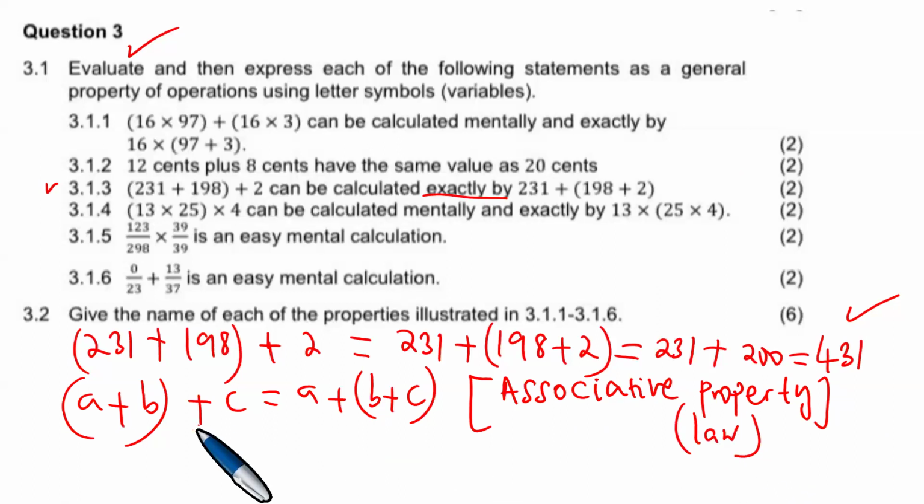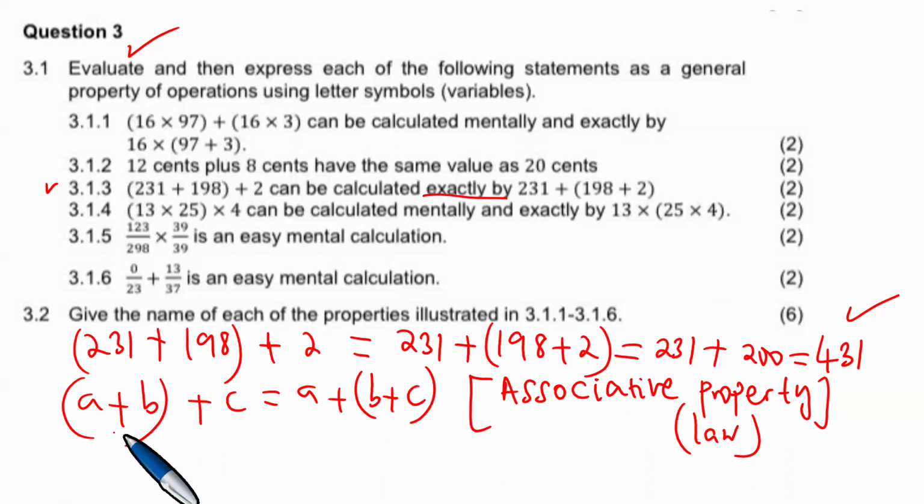Okay, so what does association mean? Association has to do with the grouping. Now we have the grouping of A and B. A and B have been grouped together in parentheses, and we continue to perform further grouping of the B and the C as well. This kind of grouping is very, very important.